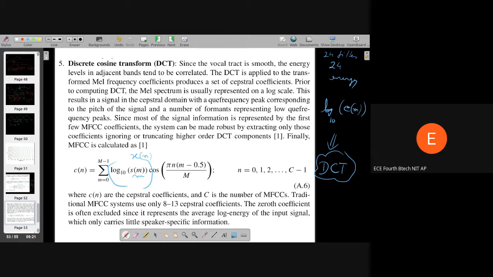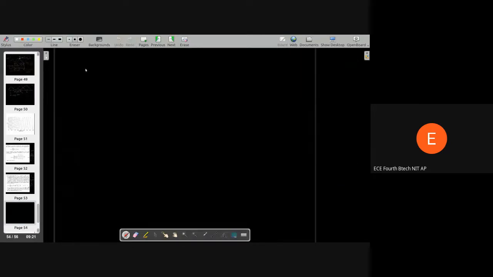If you remember cepstral analysis, what did we do there? If we got any X of e to the power j omega, or let's say S of n, e to the power j omega, what did we do? We took the log of the magnitude spectrum. In that case we generally used ln, but nobody stops you, ln is basically just a difference in base.